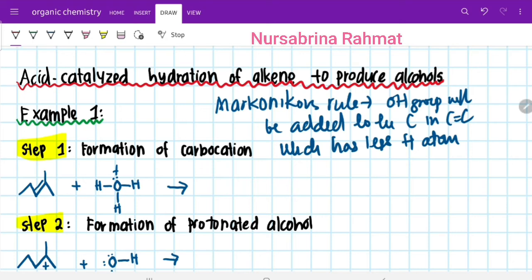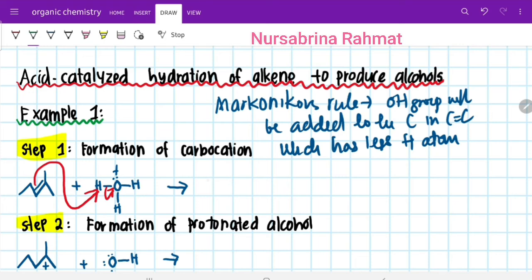So there are 3 steps in the acid-catalyzed hydration of alkene. The first step is the formation of a carbocation. So H3O+, which comes from your sulfuric acid, the double bond from your alkene will attack the hydrogen of your H3O+, so the bond between the hydrogen and O will break heterolytically and all the electrons will be accepted by the oxygen.